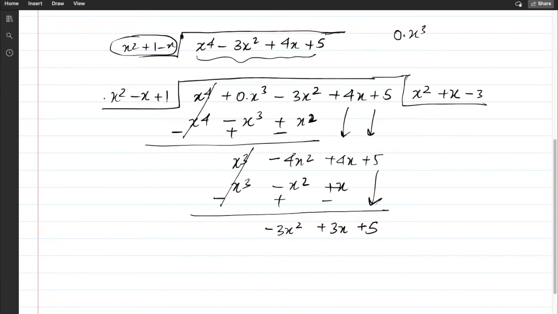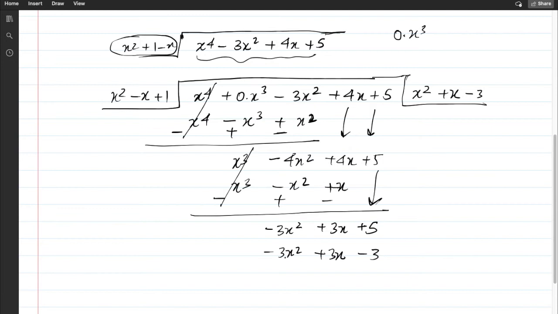So this will become minus 3x square directly, and minus and minus will become plus, so plus 3x. Are you getting it? This is minus 3, so minus 3 multiplied by minus x will give me plus 3x. Now minus 3 multiplied by 1 over here will give me minus 3.